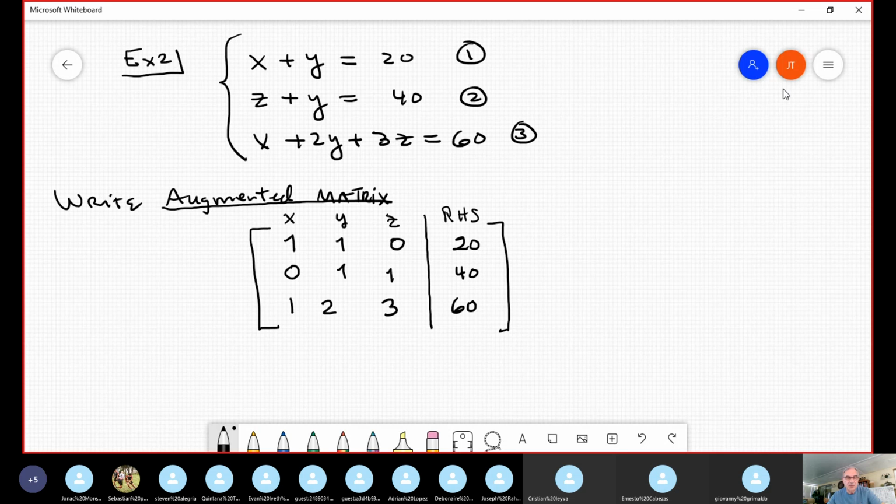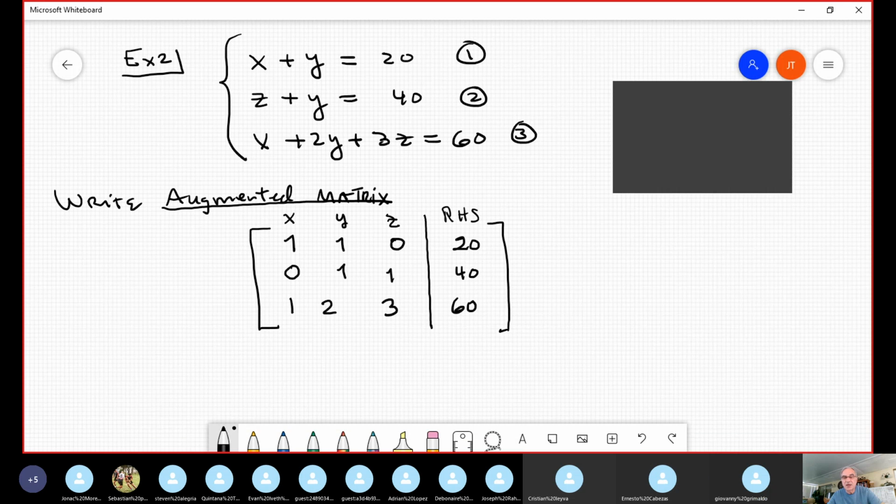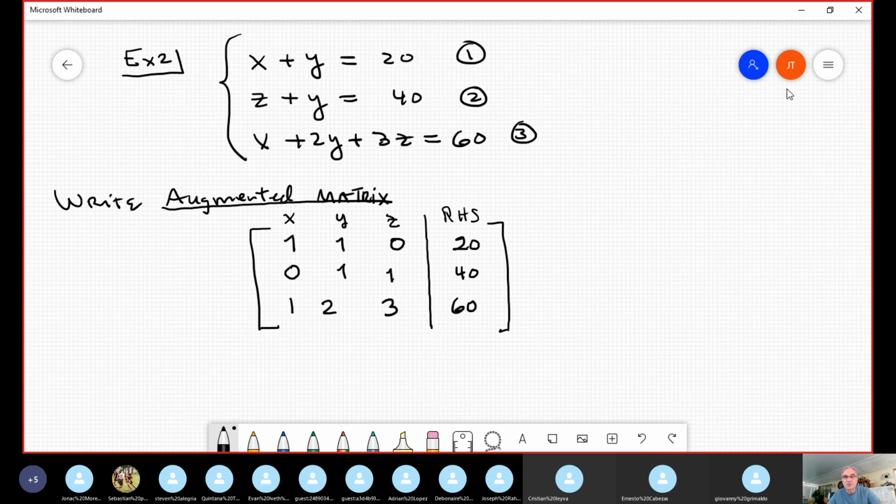My question is, what is the dimension of this matrix, please? What is the dimension of our matrix? 3 by 4. Very well. Christian Leiva says 3 by 4. 3 rows, because of 3 equations, and 4 columns.